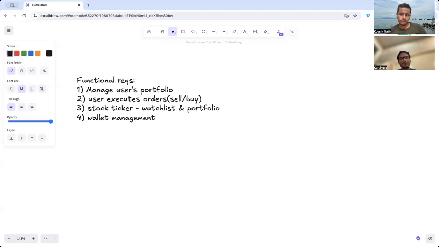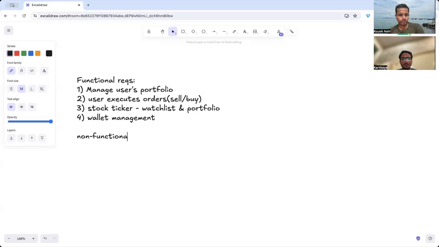We can assume that for each order, the user would be paying from their wallet. If a user wants to place an order, they should have some money in their wallet. Any other functional requirement? Let's keep it to these four. That should be enough for now.